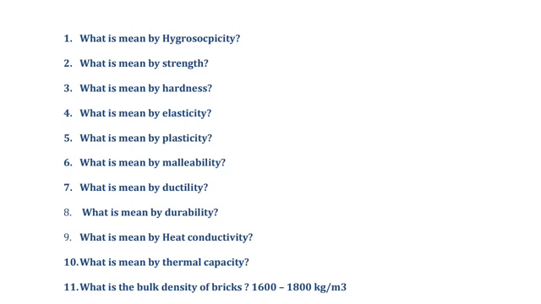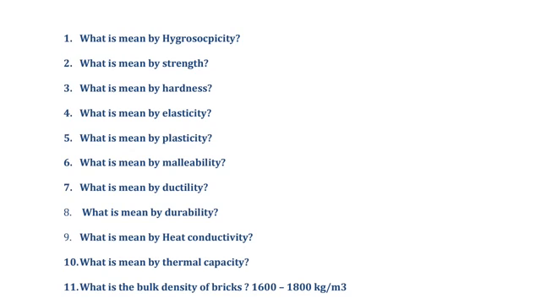When you apply a particular load on a material, it forms a new shape, and again when you remove your load, it does not regain its original shape, it retains the new shape. That is called plasticity, and also without any cracking.